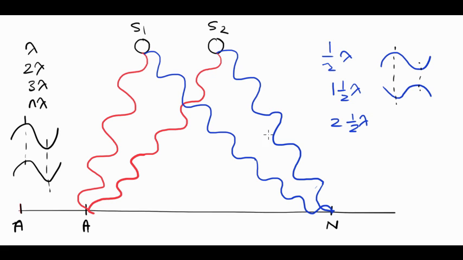And this idea of path difference, the difference in how much further one wave has travelled than the other, is fundamental to achieving excellence when describing this phenomenon of interference.